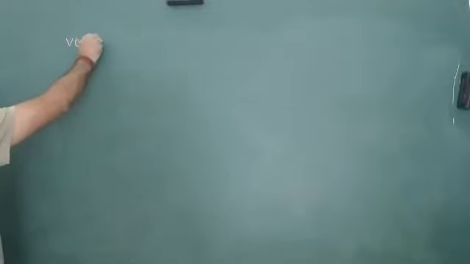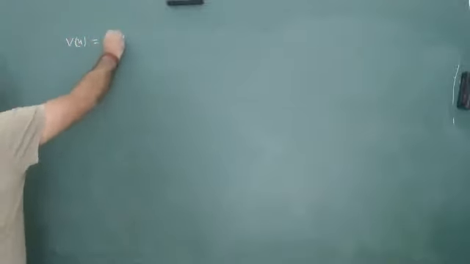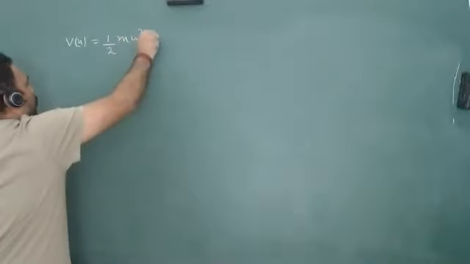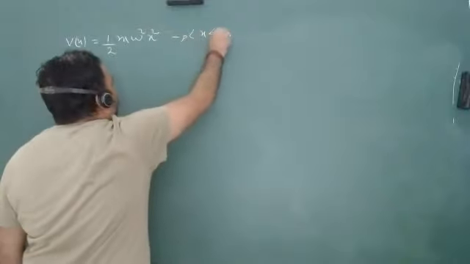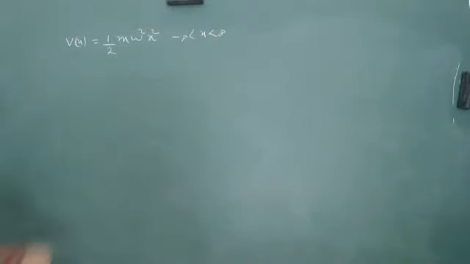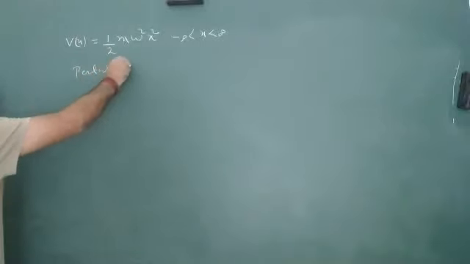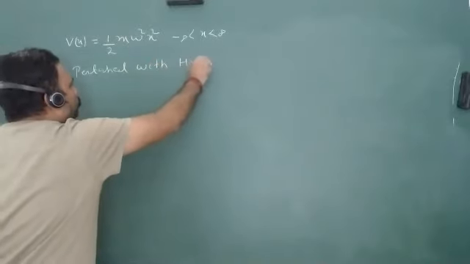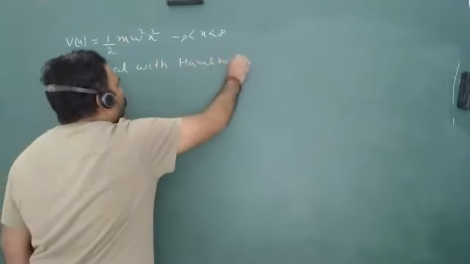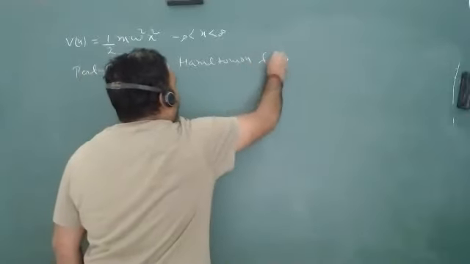Now, let's go for a different system. So V of x is equal to half m omega square x square, where x is between minus infinity to plus infinity, perturbed with Hamiltonian lambda x.